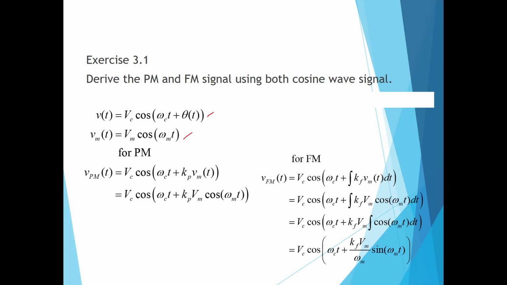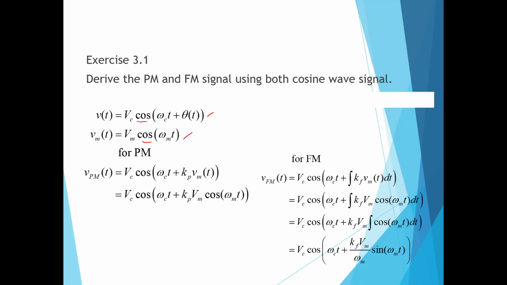So normally we use sine and sine, or cos and cos. We have also asked in the exam, we use cos and also cos, cos for the general equations, and also cosine for the vm(t) equations. Normally we choose like that. Either we give you sine and sine function, or cos and cos.